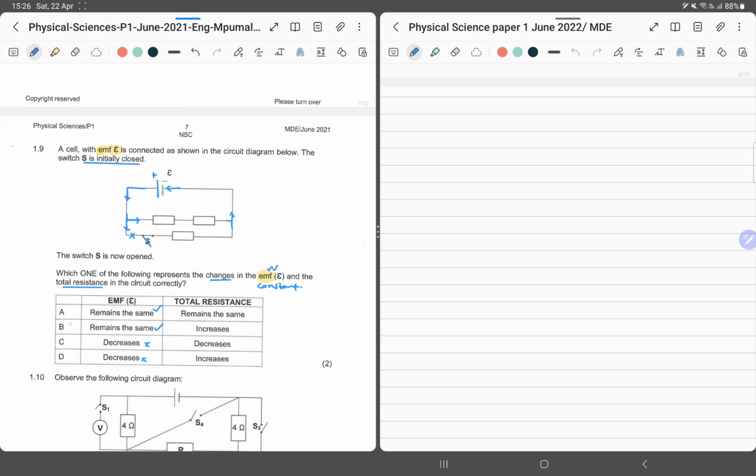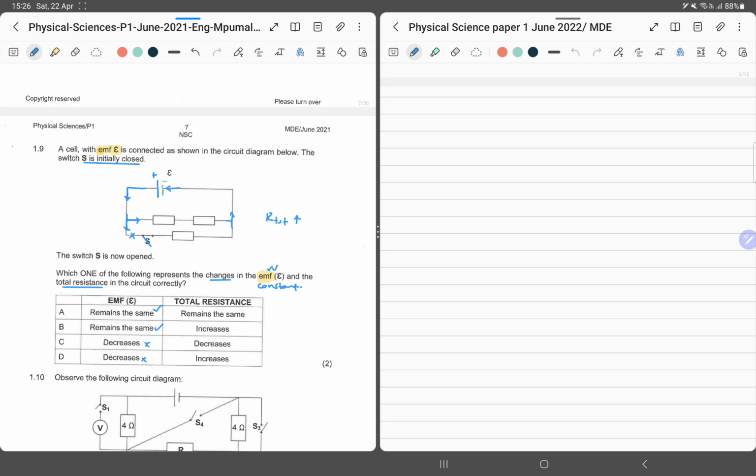So we are wrestling with those two options, A and B. But then what happens to the total resistance? We know for a fact that when we have a parallel connection, the effective resistance is smaller than the smallest of these combinations. So the resistance is usually smaller with the parallel connection. But as soon as you take out the parallel connection and you leave the resistors involved in series, what happens to the total resistance? It increases.